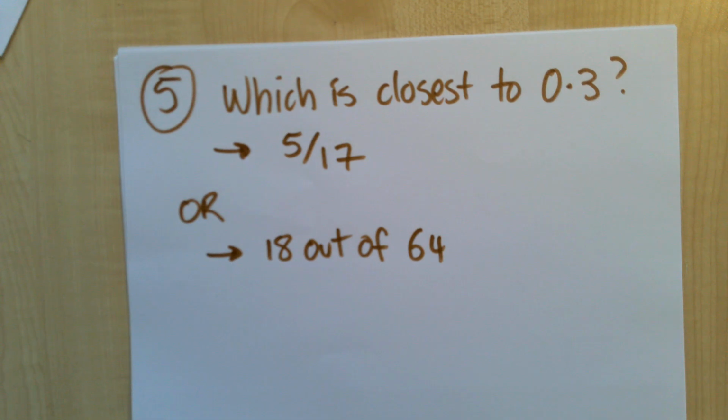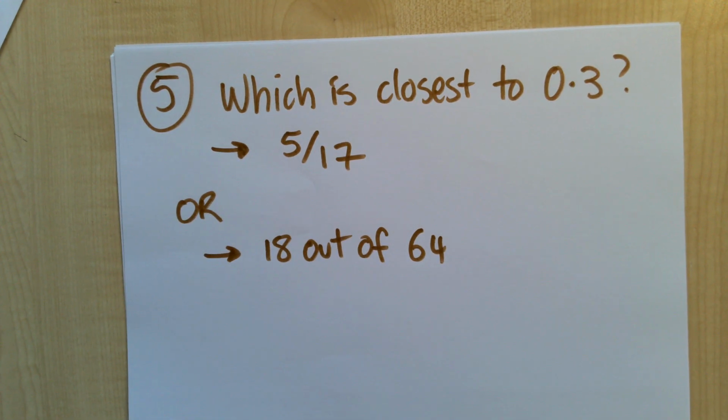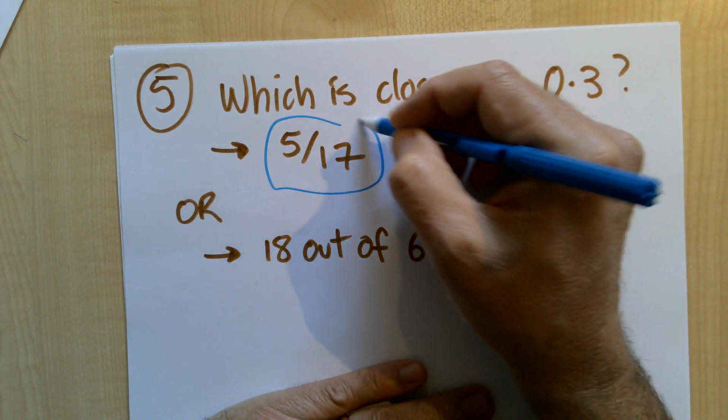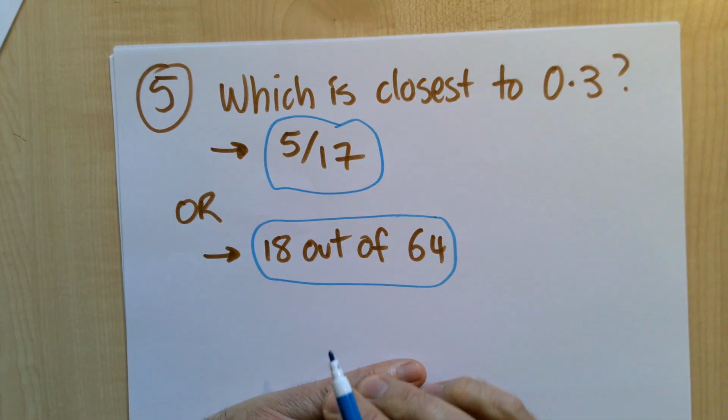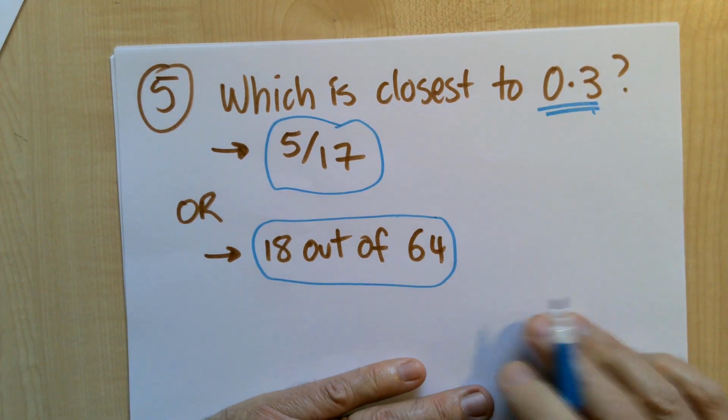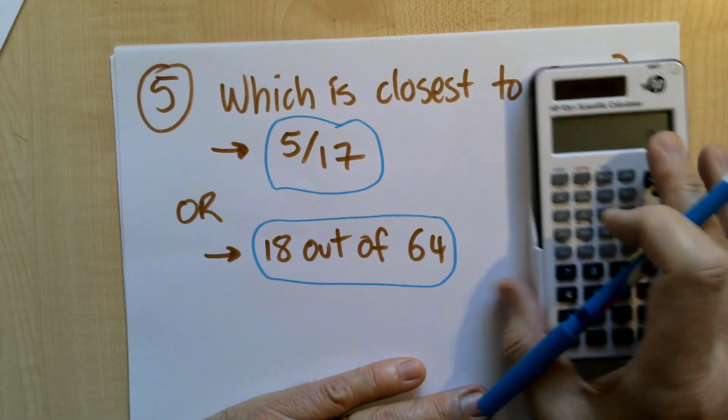Lastly, once we have a fraction and we need to make a judgment about it, which one's closest to 0.3, for example. Is it this one or this one? Well, let's get them to decimals.